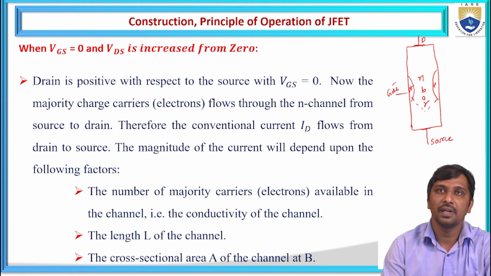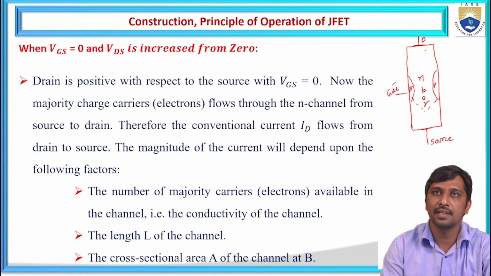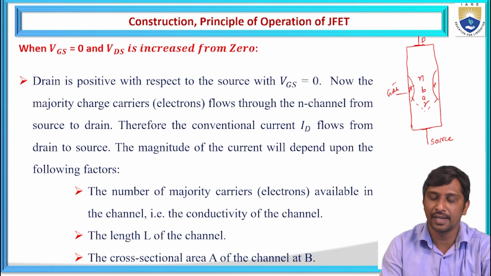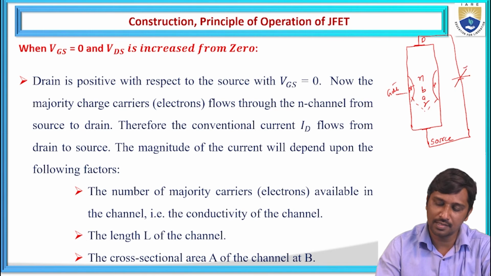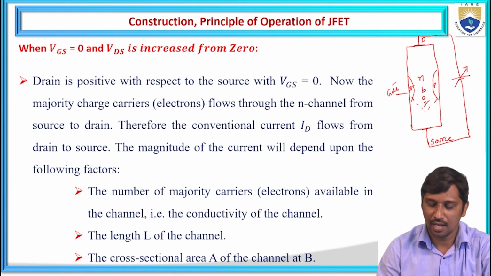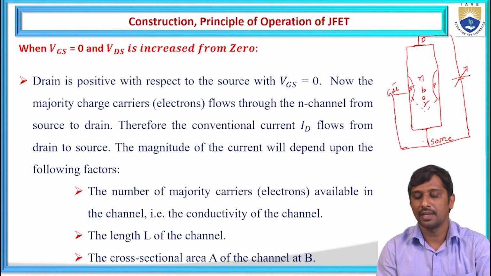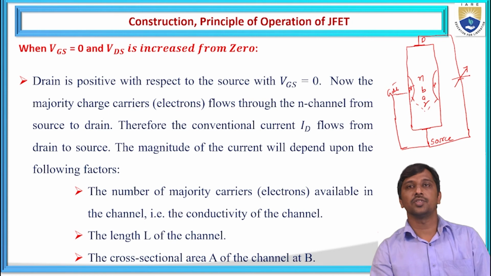Now I'm going to apply a biasing voltage, increased from 0, between the drain and the source. We know that the drain is biased with the positive pole of the battery and the source with the negative pole. But the biasing voltage between the gate and the source is 0, hence the gate and source terminals are shorted.